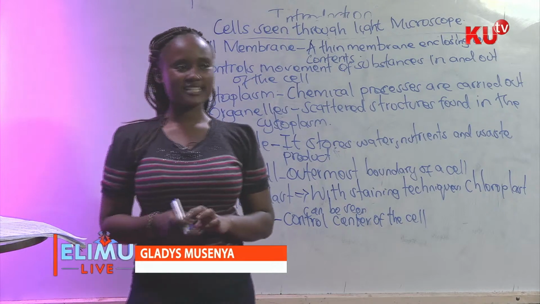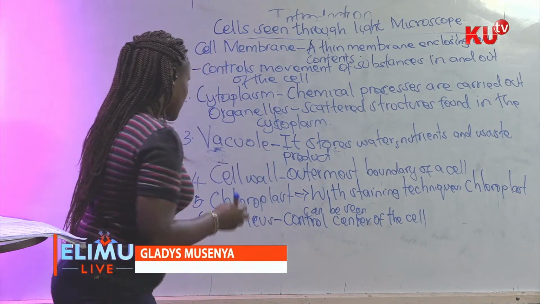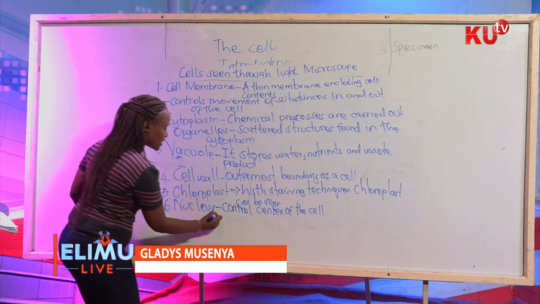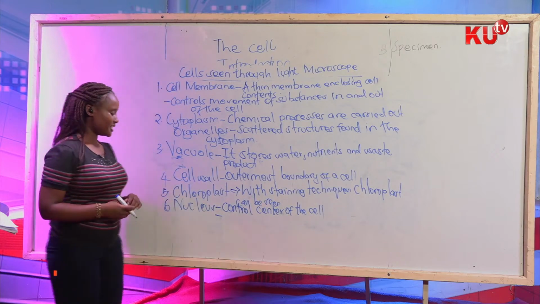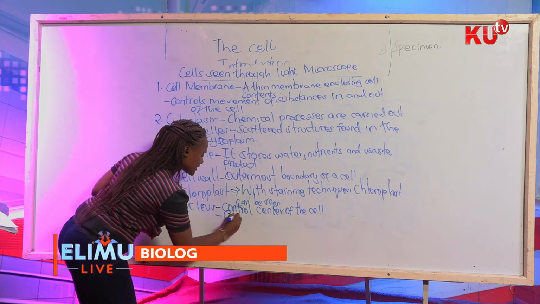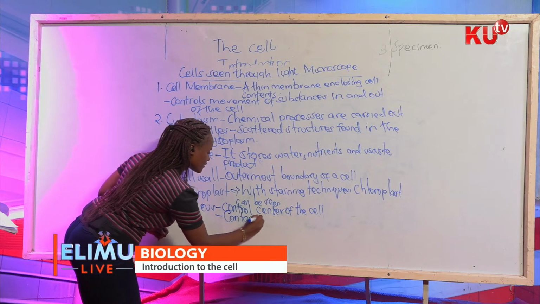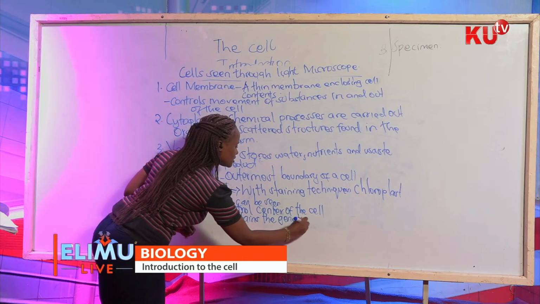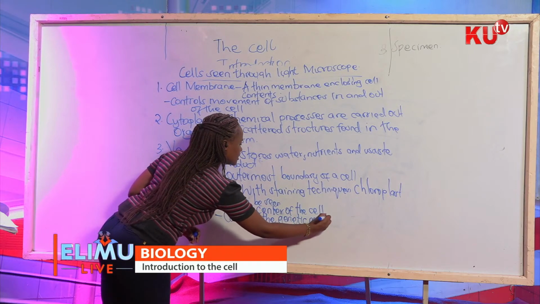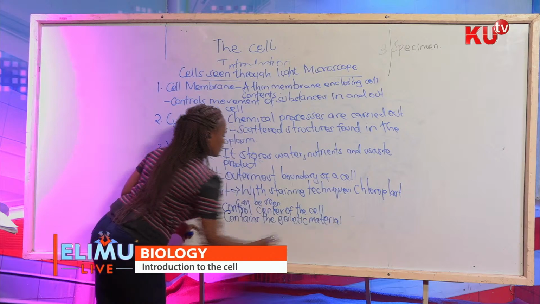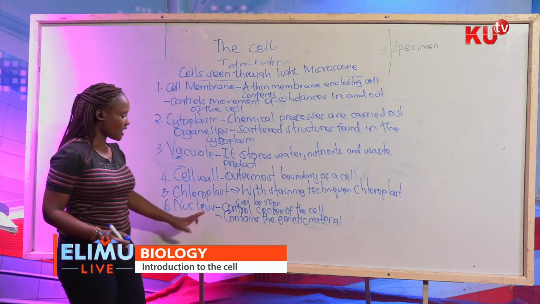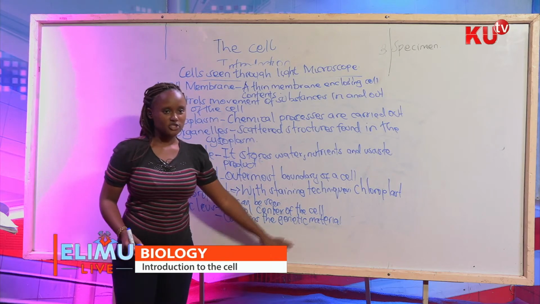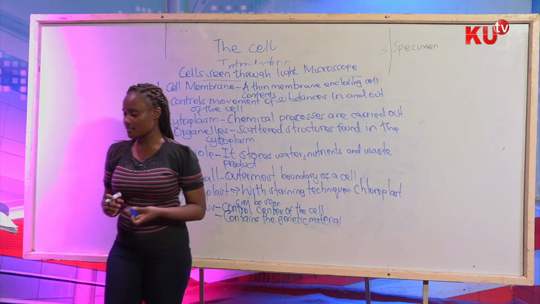It contains the genetic material. So in the nucleus, we have the genetic material, which is the DNA and the RNA.